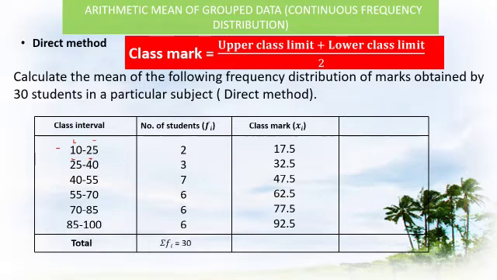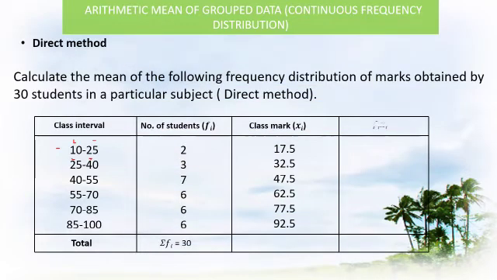In the next column, we multiply each frequency with the corresponding class mark and find the sum of all the products. So first we multiply 2 with 17.5, which is 35. 3 into 32.5, 97.5. 7 into 47.5 is 332.5. 6 into 62.5, 375. 6 into 77.5 is equal to 465. 6 into 92.5 is equal to 555.